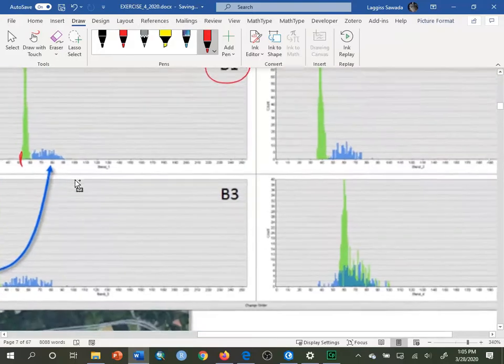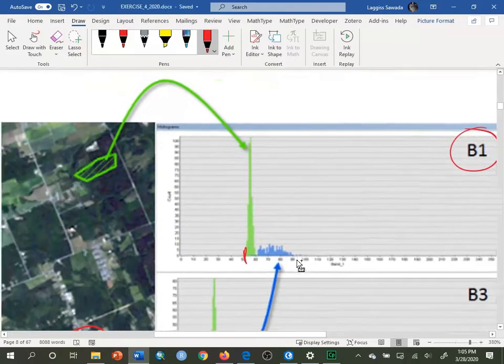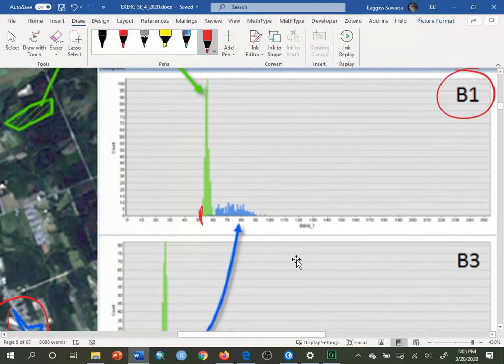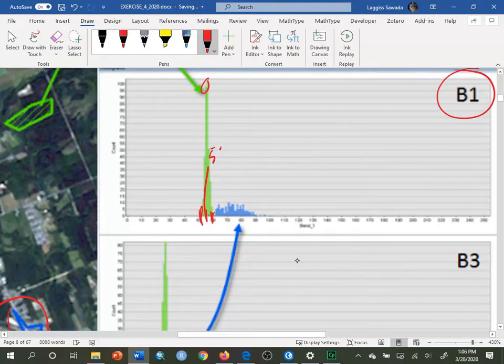I have to zoom in a bit more, like so. So around 50 to 60. And around 55, right in the middle there, you have a peak. So that 55 is probably an approximate average.